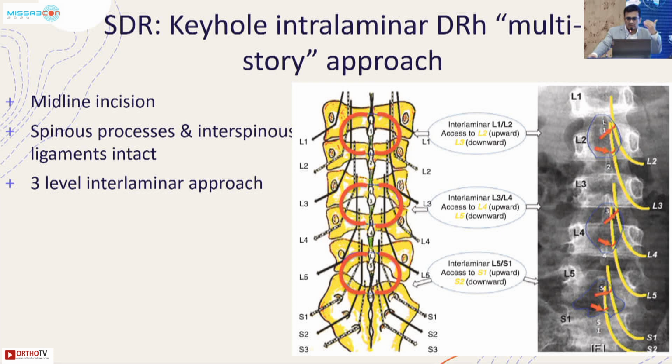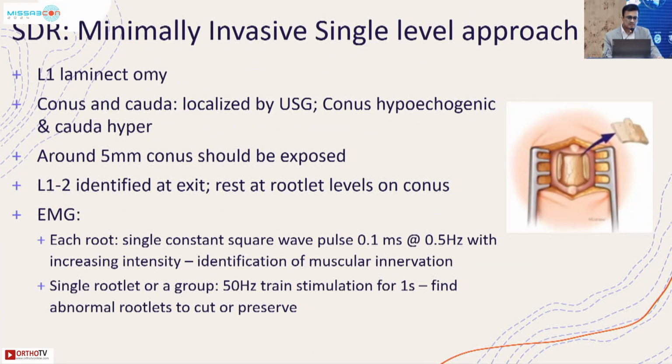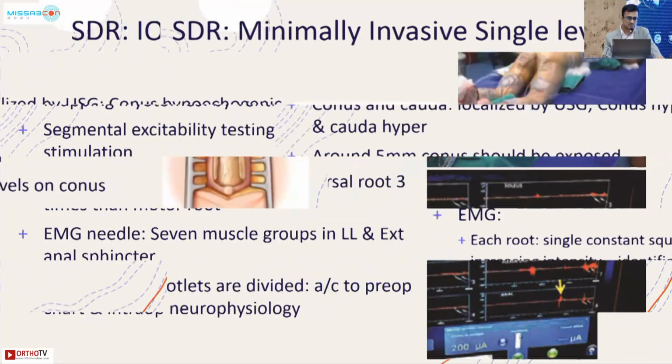At the levels L1, L2, L3, L4 and L4, L5, laminotomies are done, and two roots at each level are addressed. In the single level approach, at only L1 laminectomy, the identification is done by EMG. I will come to it later about intraoperative neuromonitoring.